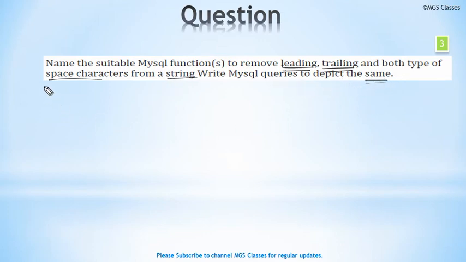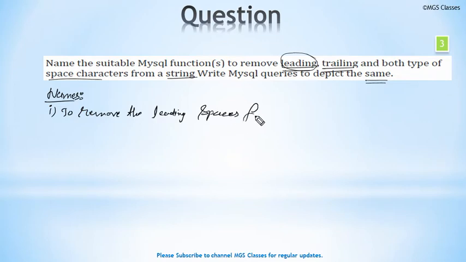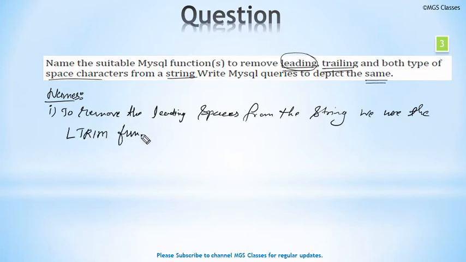So it is a very simple question and it asks the name of the function first and then you need to write down the example also. So to remove the leading spaces from the string, we use the LTRIM function.